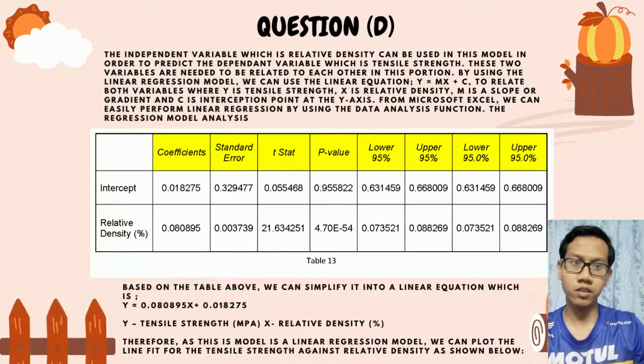The last part is question D, which is we need to find the relationship between relative density and tensile strength. Due to linear regression, we may use linear equation y equal to mx plus c, and by using Microsoft Excel, we can easily perform analysis, and the intercept of y axis is 0.018275 and the slope for relative density is 0.082895, where y is tensile strength and x is relative density.